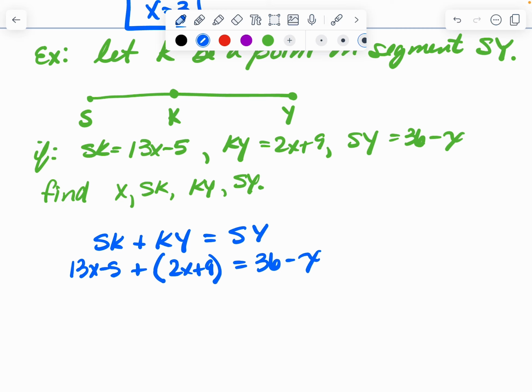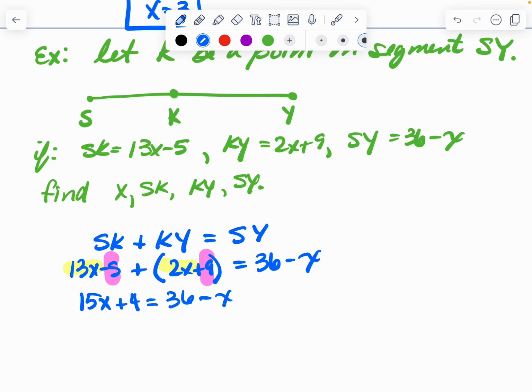So now I need to combine like terms. So there's my x's. So that's 15x. Then I'm going to do my constants. So that's negative 5 plus 9 is plus 4 equals 36, minus x.